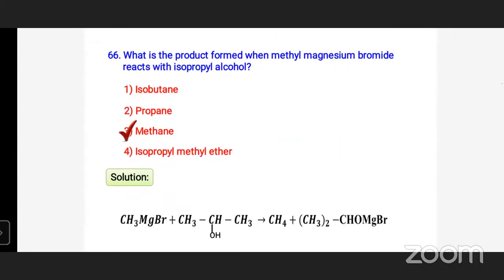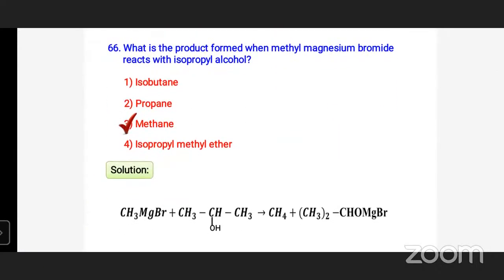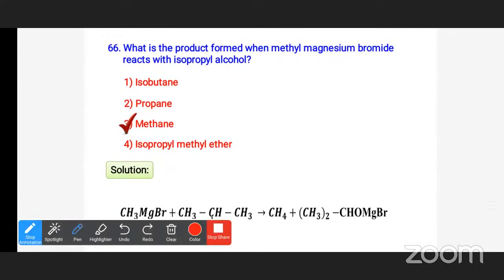Next question: what is the product formed when methyl magnesium bromide reacts with isopropyl alcohol?